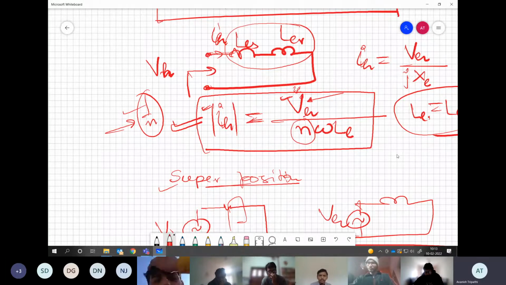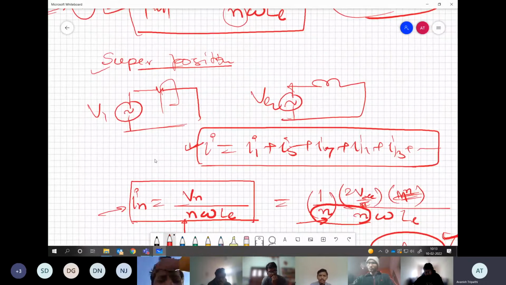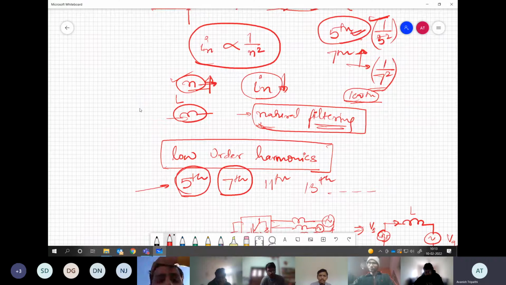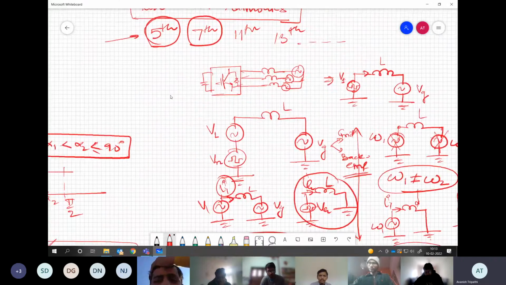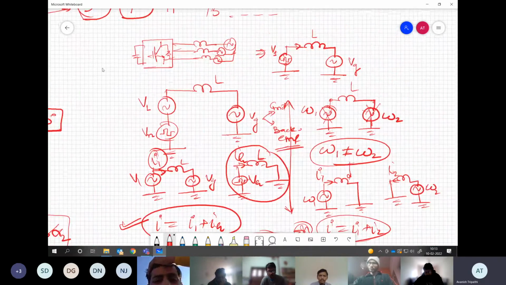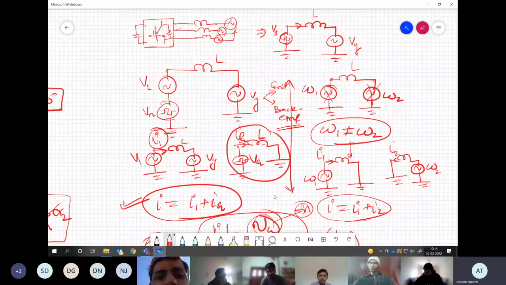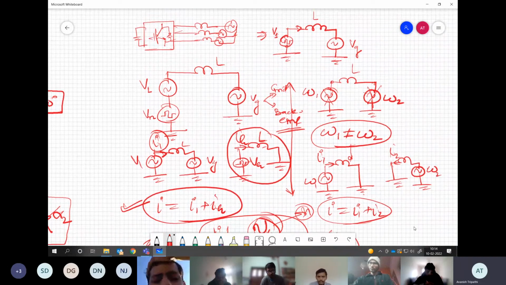This is what we have seen, and a similar thing can be extended for grid connected or any other system, let's say PMSM. In a similar way we can apply superposition and find the current flowing into the system. Whenever we have different frequency voltages connected across any system, we need to apply superposition, because omega 1 is not going to interact with omega 2 and vice versa.